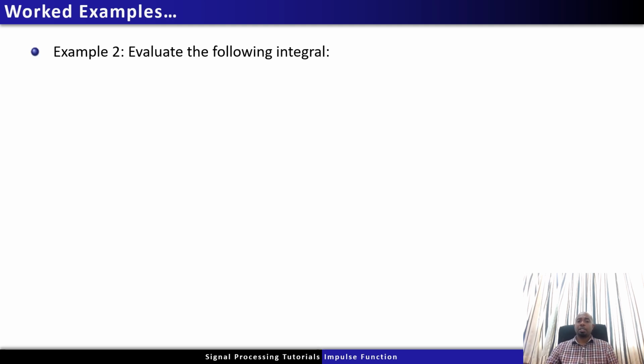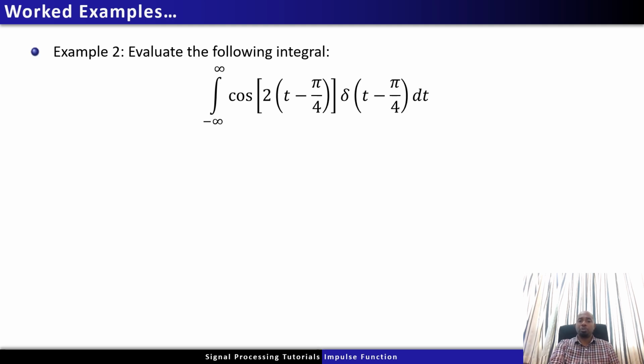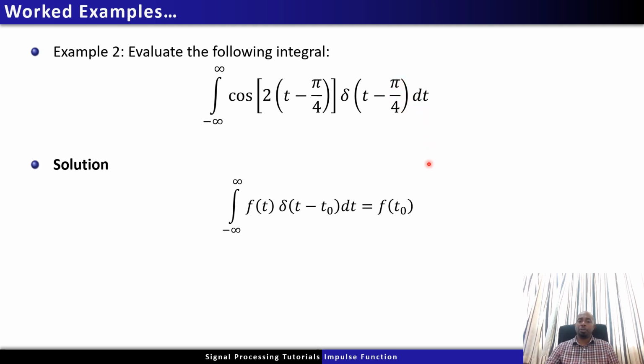Right? Example 2, evaluate the following integral again: cosine of 2 times t minus pi over 4, delta t minus pi over 4, dt. Again, comparing the two equations, we can see t naught is equal to pi over 4 in this case, and our f of t is cosine 2 times t minus pi over 4.